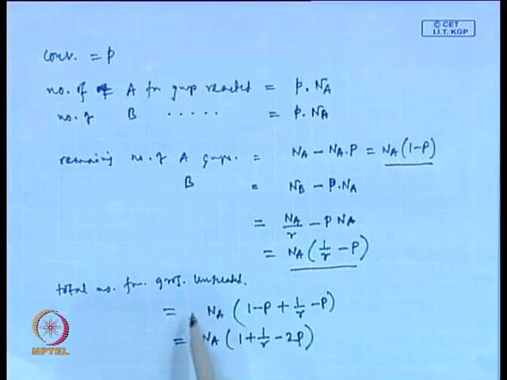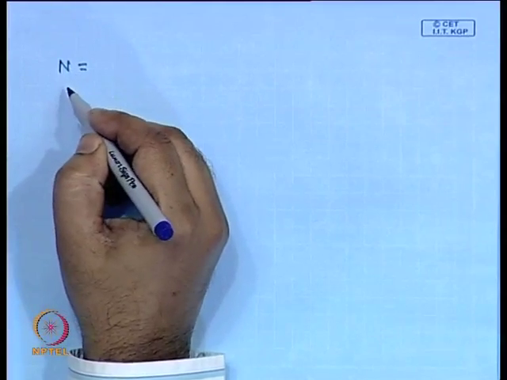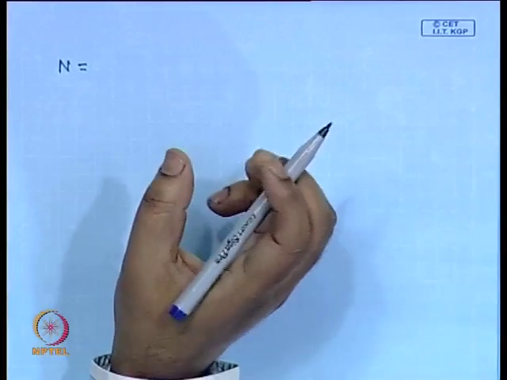Now, these are the number of functional groups unreacted. So, how many molecules will be left over? Each molecule has 2 functional groups at 2 ends. So N, the number of molecules left over in the polymerization medium, each having 2 functional groups: if you divide the total number of unreacted functional groups by 2, it will give you the number of molecules left.